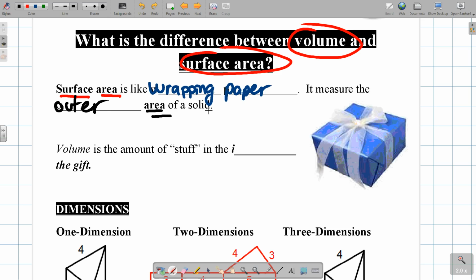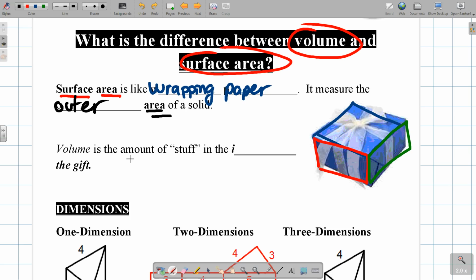So that's surface area. If I wanted the surface area of this box, I would find the area of the top and bottom, the area left and right, and the area front and back. There'd be a total of 6 panels I'd find the area of to find the area of the wrapping paper.